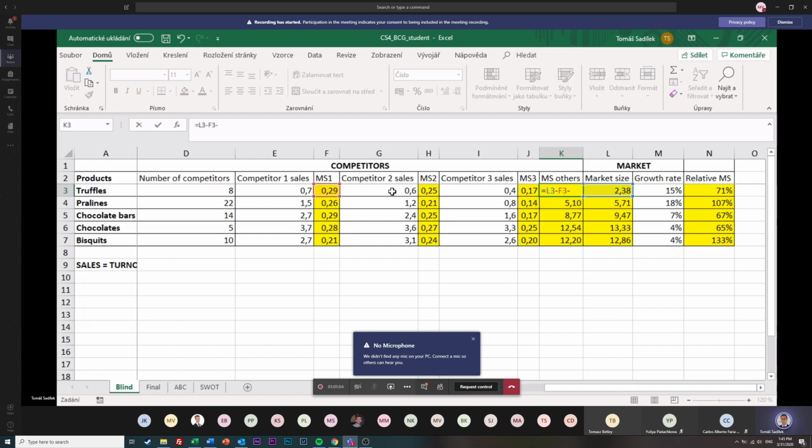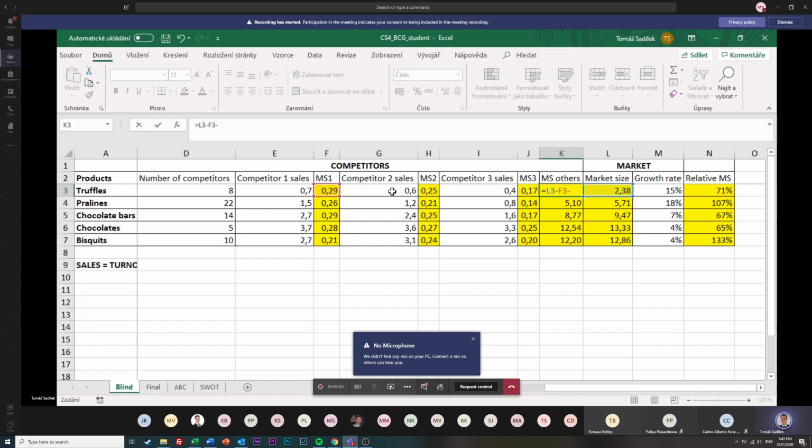Once more, how to calculate the relative market share? We have to calculate the share of our market share to the biggest competitor. So C3 divided by F3. How is our market share divided by the market share of the biggest competitor?